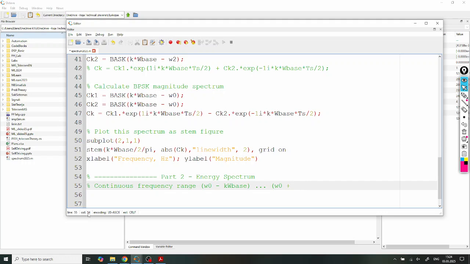Wait, no. I mean, for k, no, it was k0 minus 10 all the way up to k0 plus 10, yes?